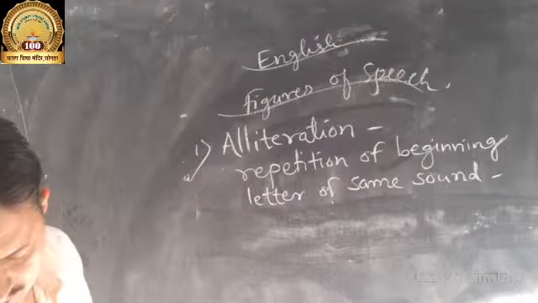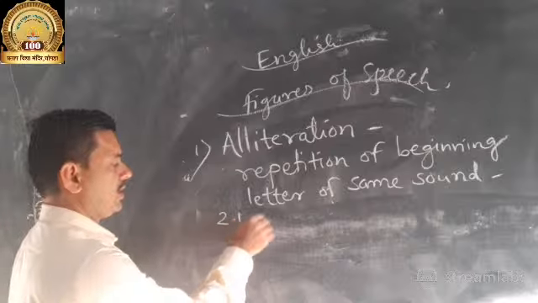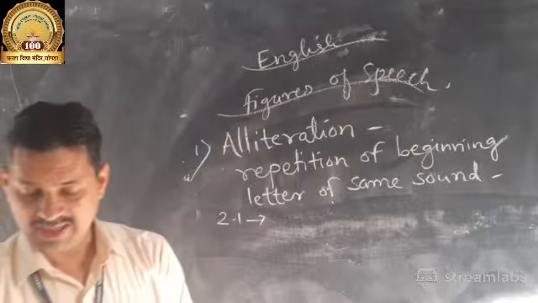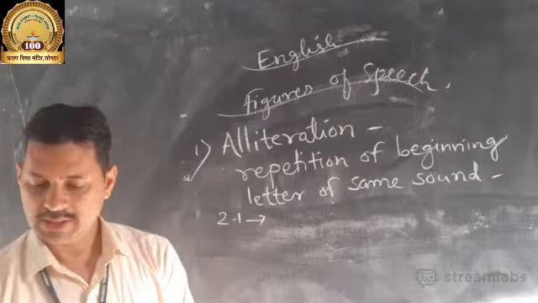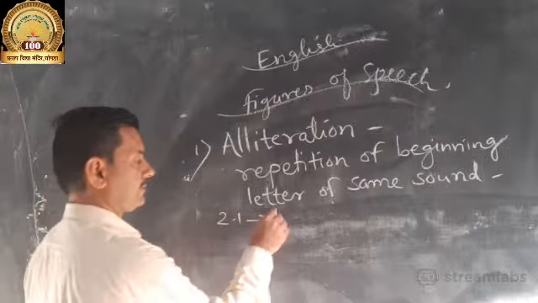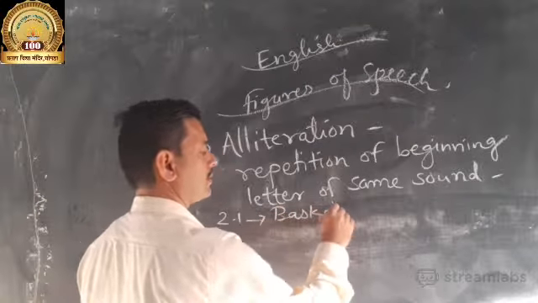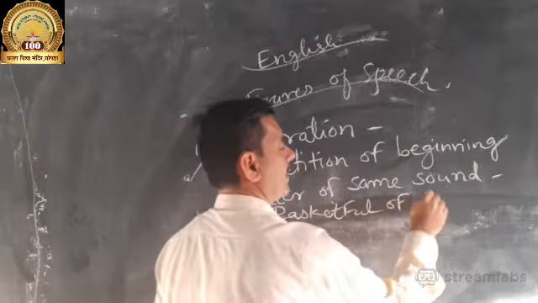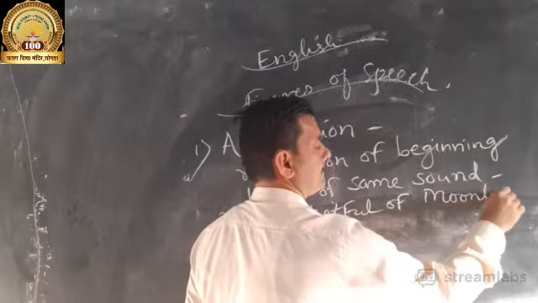Now we have, in our poem 2.1, that is Basket Full of Moonlight. See, this is the poem.